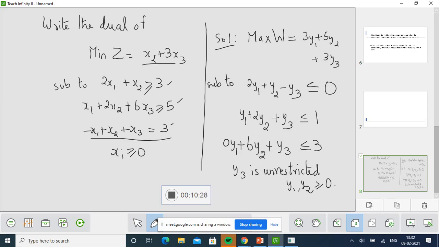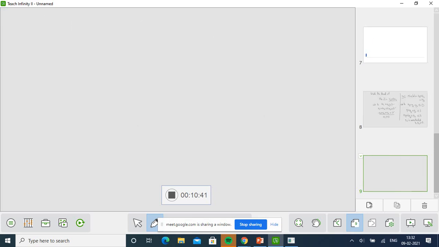Can I go to the next problem? Yes. Write the dual of the primal. We've done a minimization, now we'll do a maximization. Write the dual of the primal.